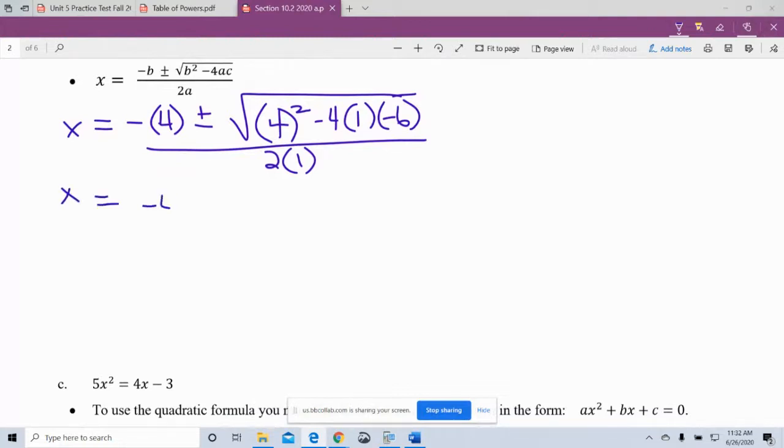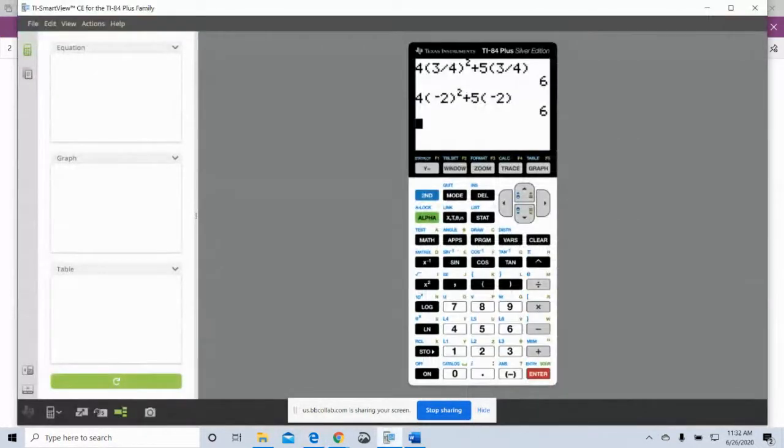So I have -4 plus or minus, and now I want to show you a slightly different way to calculate the radicand, the part under the radical, right? You can do it in pieces following order of operations, or actually, an easier way of doing it is to type the entire expression that's inside of the radical in at one time.